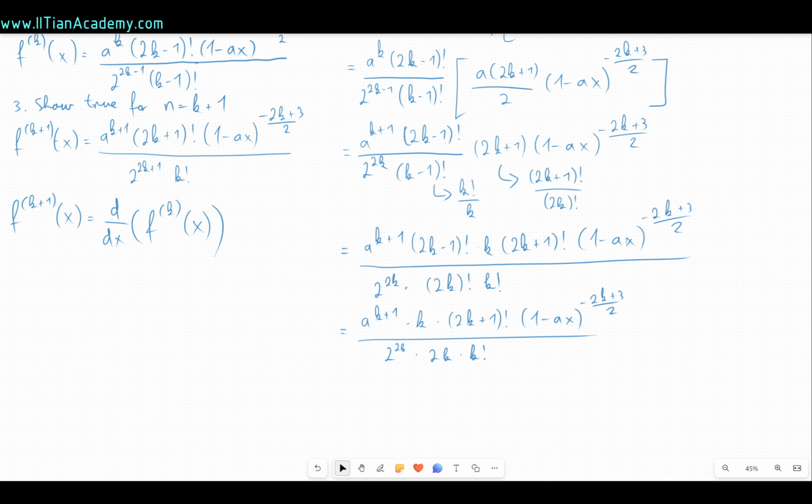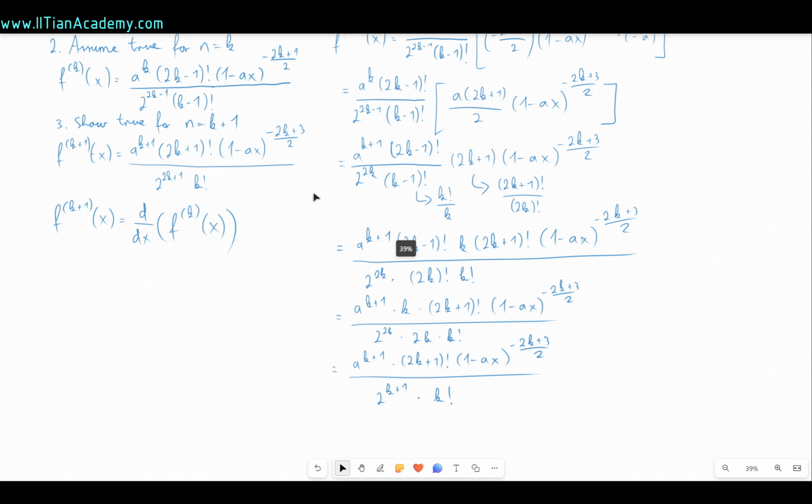All right. So again, we can notice that we have this 2 to the 2k multiplied with this 2. So this can be simplified to 2 to the 2k plus 1. And we also have a k on the top and on the bottom, so these will cancel out. And so this is equal to a to the k plus 1 times 2k plus 1 factorial times 1 minus ax to the power of minus 2k plus 3 over 2, and all divided by 2 to the 2k plus 1 times k factorial.